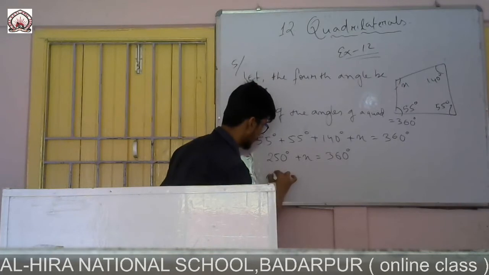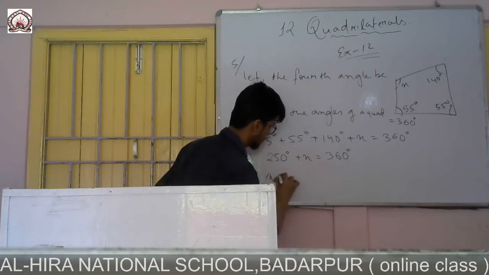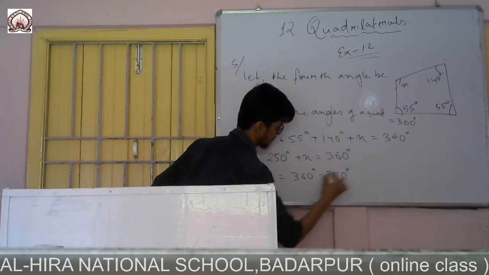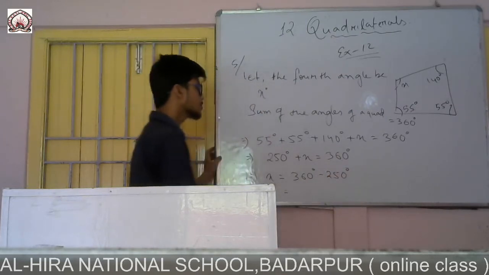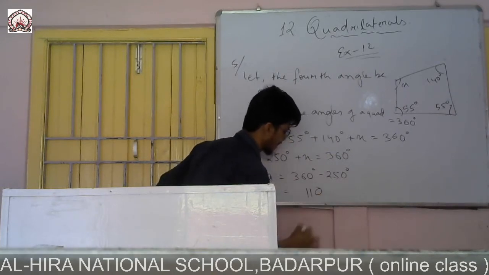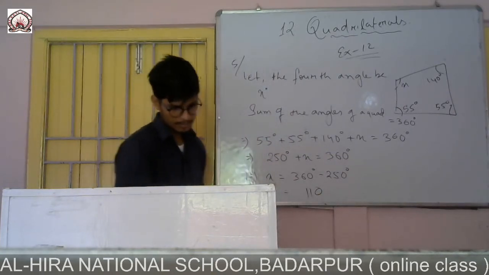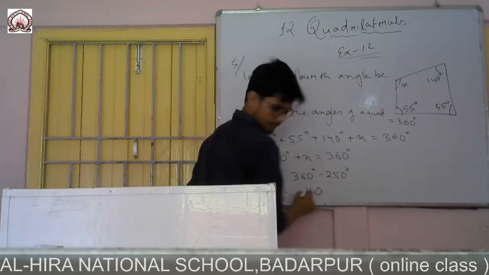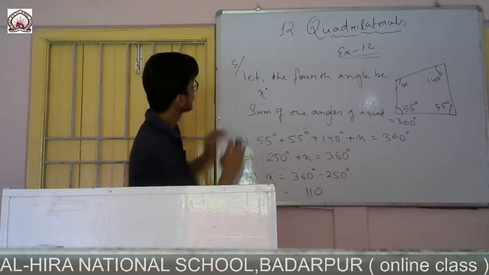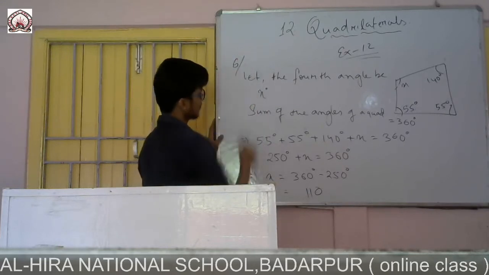So x equals 360 minus 250, which equals 110 degrees. Sorry, it is question number 6, not 5.